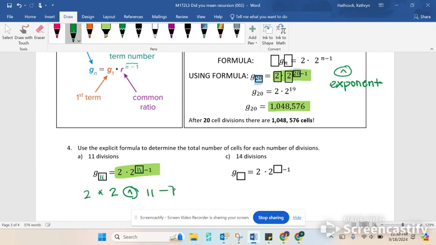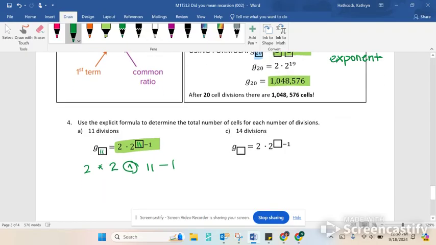Make sure you're using the minus sign instead of the negative symbol. Negative is underneath the 3. The minus sign is off to the right. And you should get G11 equals 2048. You've seen that number. It was the same problem as what we did on the other side. But now try these other ones. You've got B, C, and D to try.